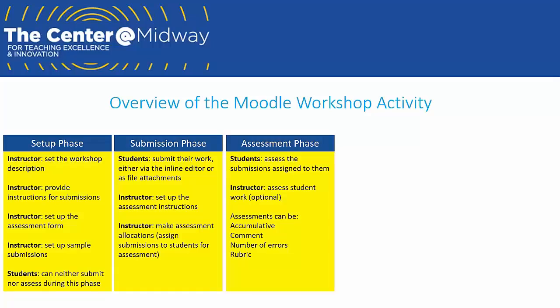So accumulative gives points. For comment assessments, there are no points, nothing but comments. So the instructor would ask a question like, what's the most interesting point in this submission? And the student assessor would have to answer that question with a comment.